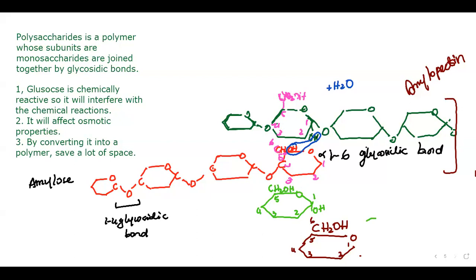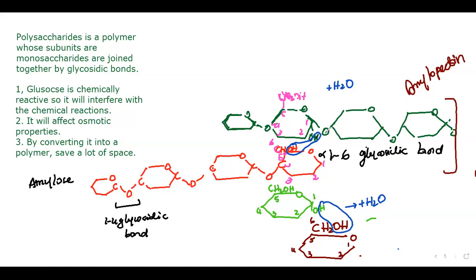So just to clarify, a bond is forming between this H. So you see on carbon number 1 we have OH, right? So the H from the OH of carbon number 1 and the OH from carbon number 6, they are combining to give us one molecule of water, and they're going to end up making a bond.